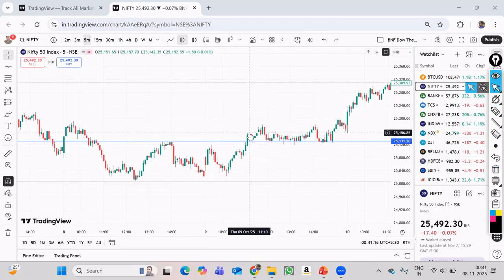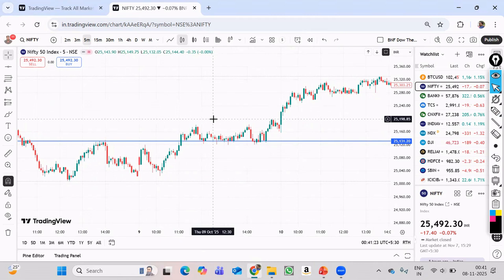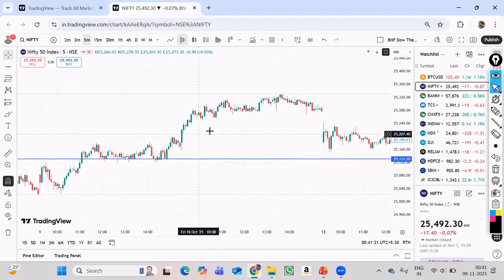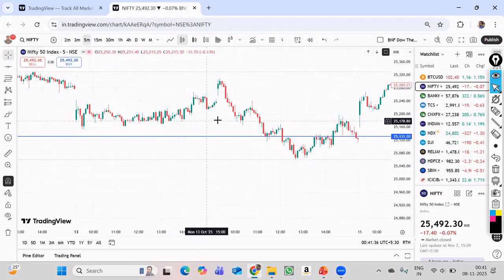So whenever you see such swings wherein the swing high isn't that great, you should automatically come to know that now it is time for me to buy on the dip. Okay, so this is the example. This is a sideways market.